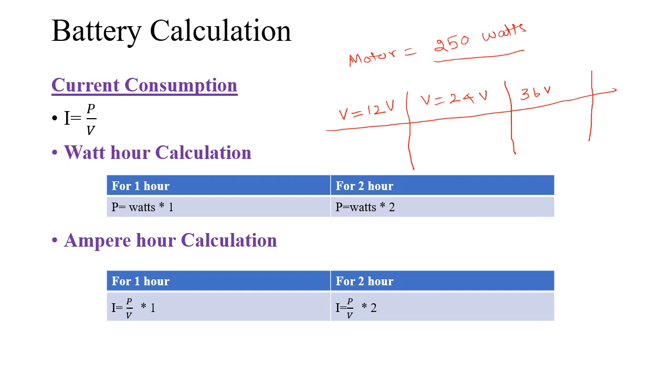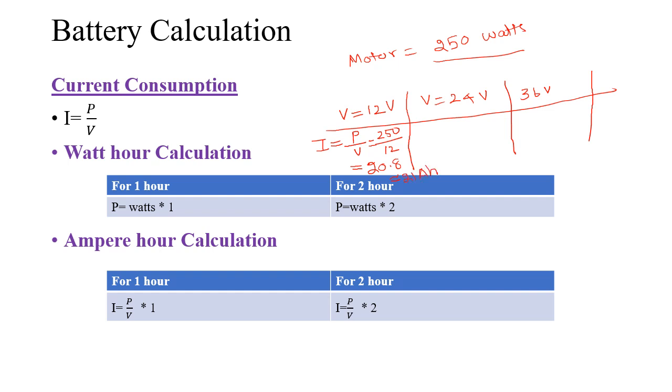We know the power, 250 watts, and we know the voltage. Then we calculate current, which is equal to power over voltage. So 250 over 12 volt is 20.8, approximately 21 ampere hour.